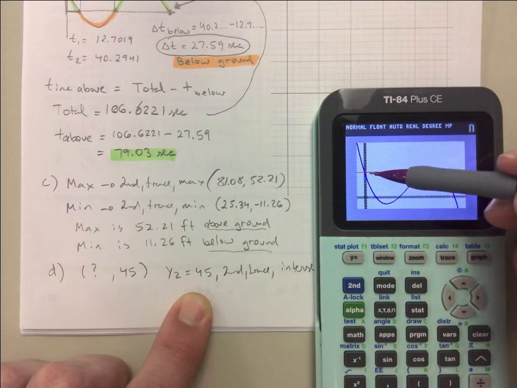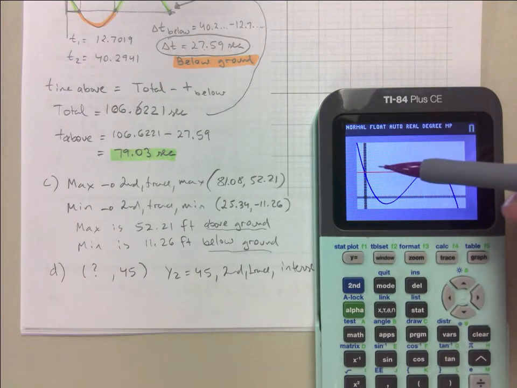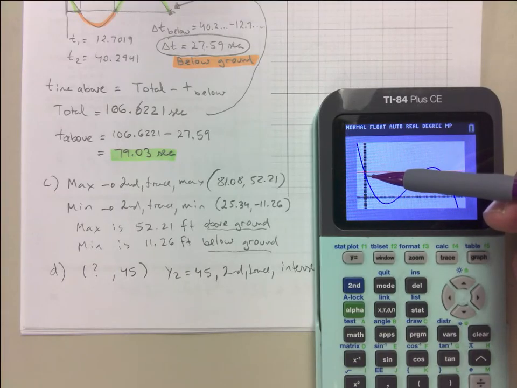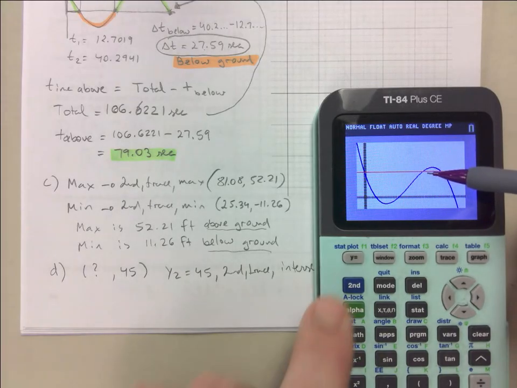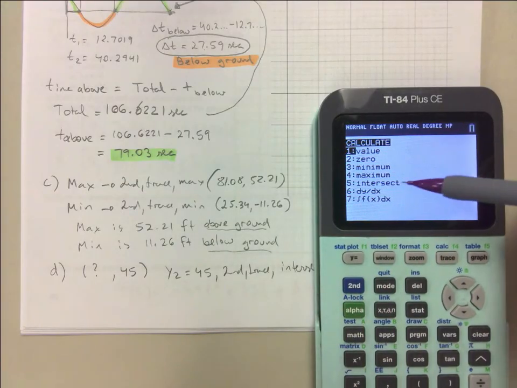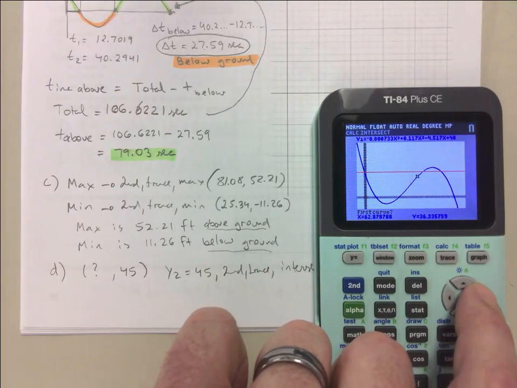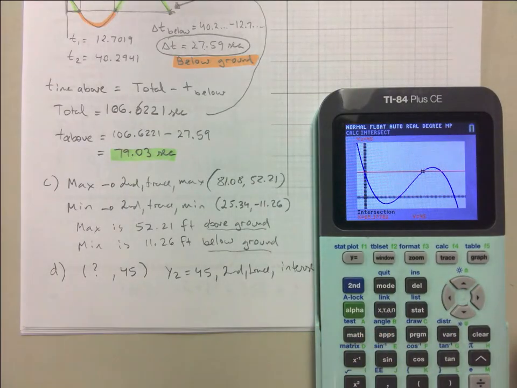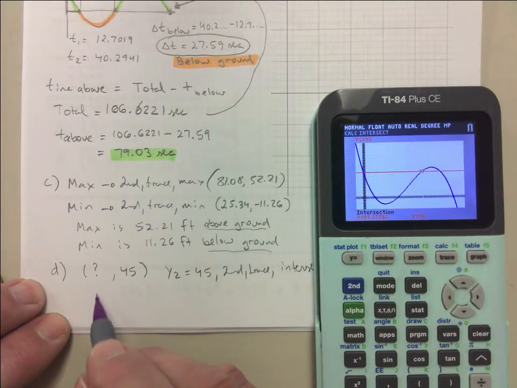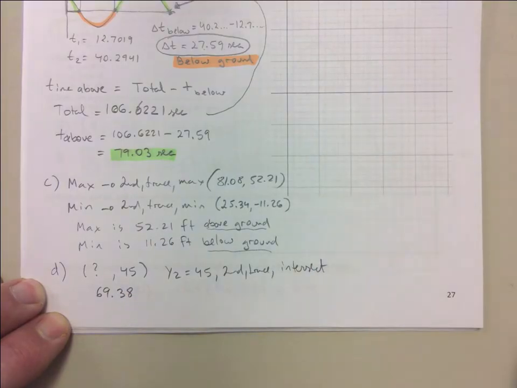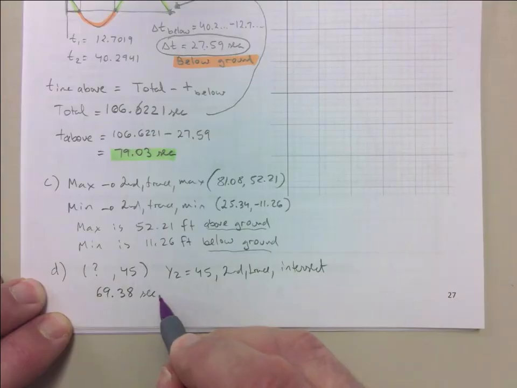So 45 is above the 40 line that you start at, so it doesn't happen there. It happens here for the very first time. Go closer to it. Enter, enter, enter. So that is 69.38 seconds into the ride.